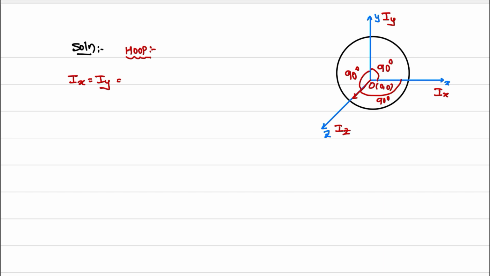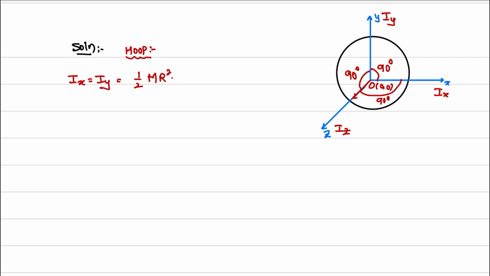In the xy plane it is symmetrical and Ix is equal to Iy. Its value is equal to half m r squared, where m is the mass and r is the radius of the hoop.